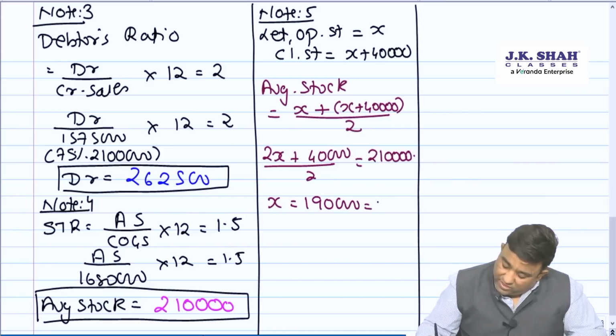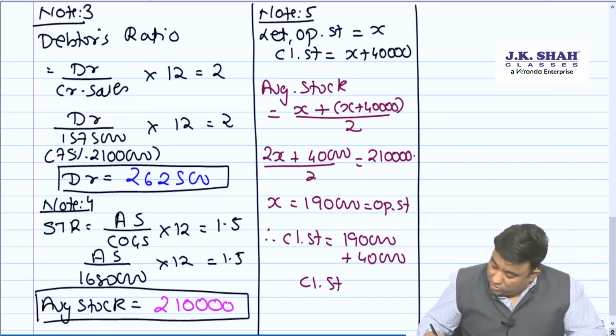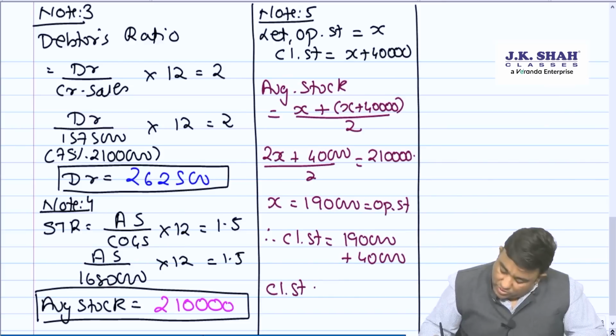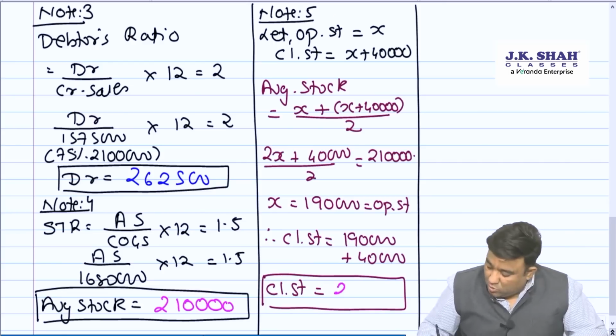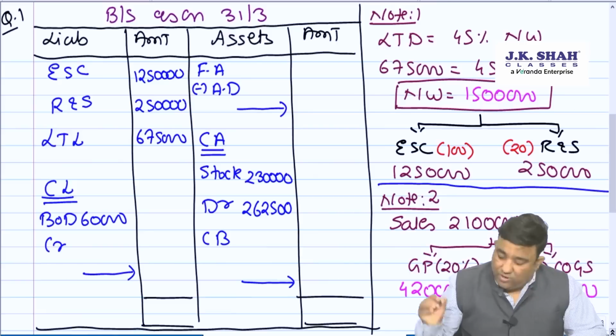And what is x? This is opening stock. Therefore, I can say closing stock equal to 1,90,000 plus 40,000. So your closing stock is going to be 2,30,000. And student, I am concerned with closing stock as far as balance sheet is concerned. So I can put closing stock 2,30,000 in the column.